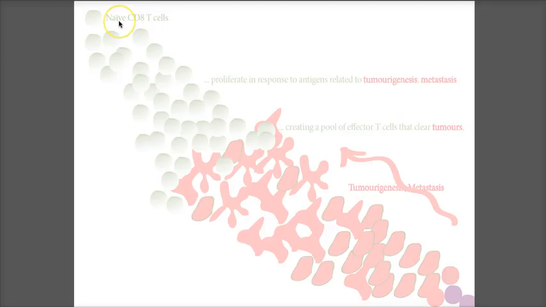They're described as naive at this point because they have not encountered antigens. So cancer cells present antigens. Antigens are unique proteins on the surface of the cell, and in this case the proteins are non-self. Hopefully they'll be recognized by the immune system as non-self.